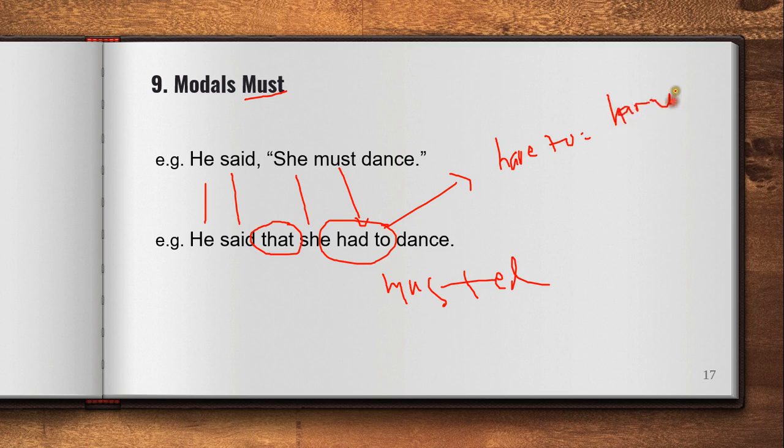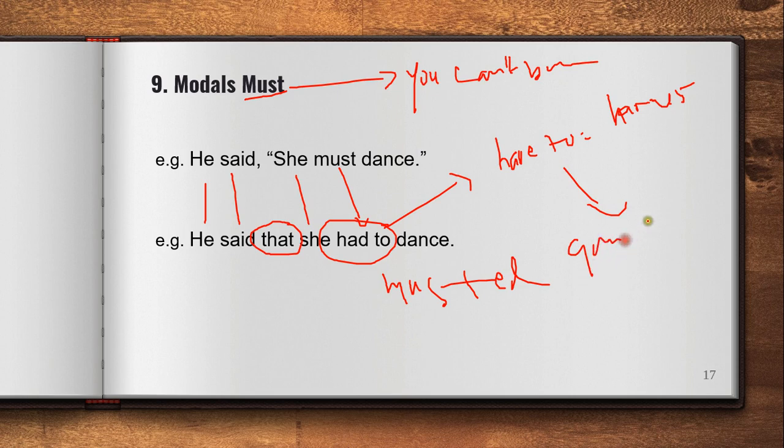But there is actually a difference. Must in here, you cannot break. You cannot break the rules. But have to, there is no, you can break the rule. Okay, you can break it.